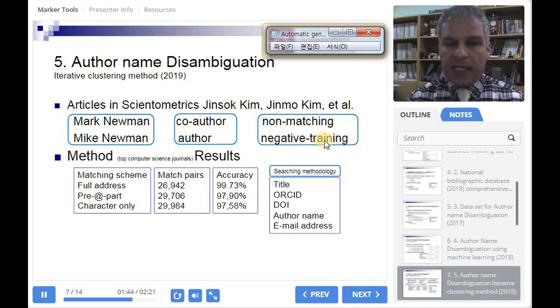So they fixed these 3 problems in their new article, and their result was if they use full name and email address, their accuracy gets over 99%, which was pretty impressive and high. This article used a searching methodology of title, ORCID, DOI, author name, and email address.